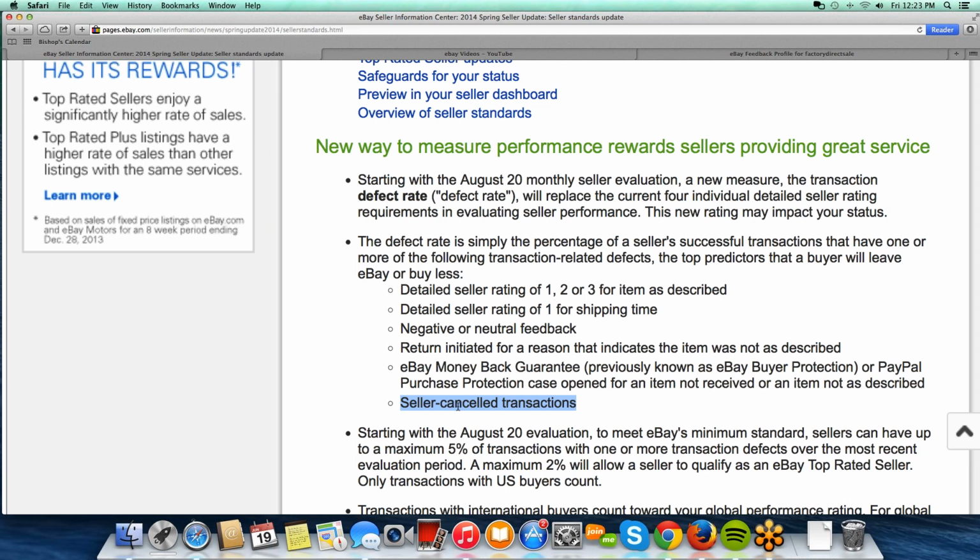But there are a couple things you could consider. One is offering alternatives. You could offer, instead of selling that specific type of barbecue grill, maybe you could offer them a different one that's a little bit better for the same price. And sure, maybe you don't make as much money, or maybe you lose a couple of bucks on it, but in order to avoid the defect, you would do it.